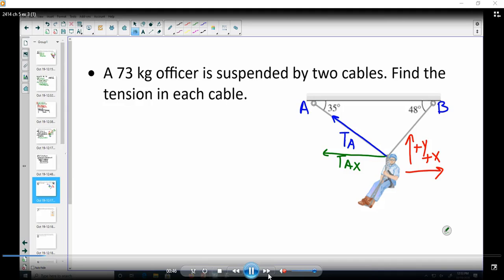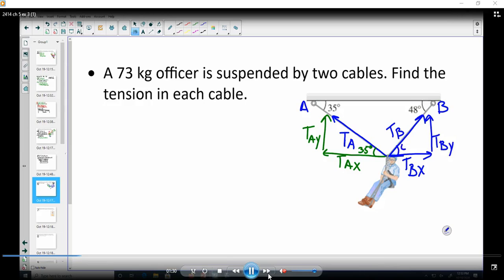We can break the forces from these two cables into components using the angle given. We can do the same thing for B. And now we just want to set up our equations, the forces.